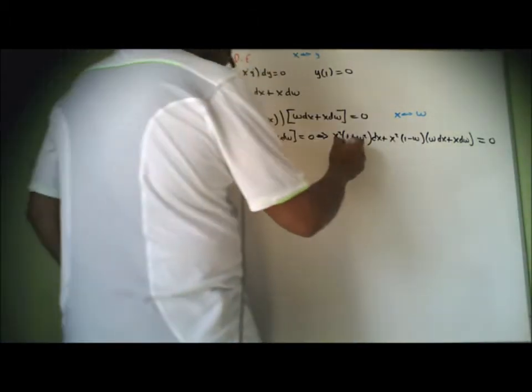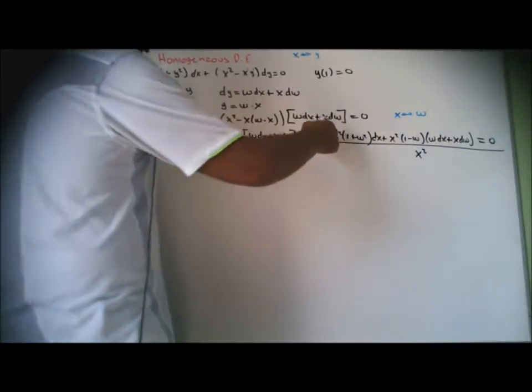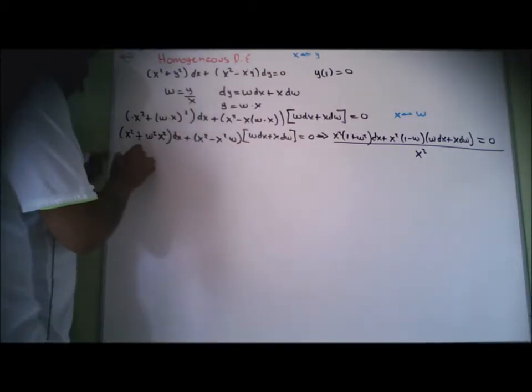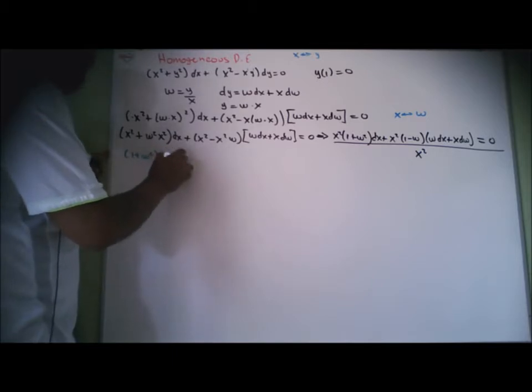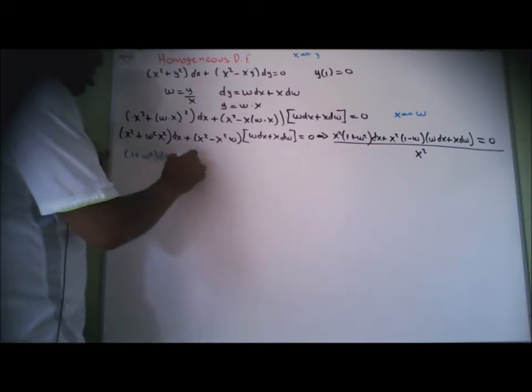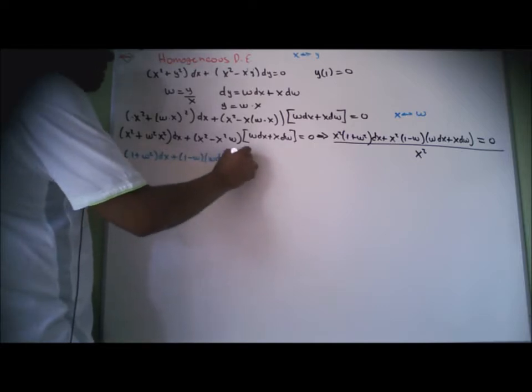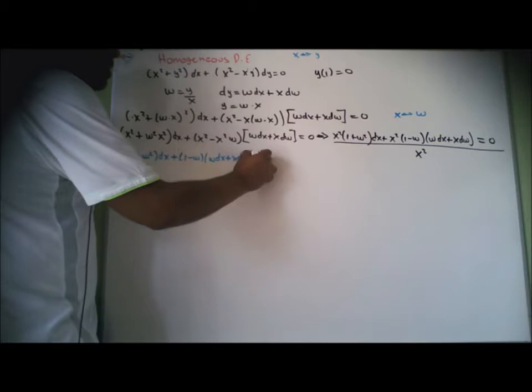I'm going to divide everything by x squared, because it cancels, and 0 divided by x squared is 0. So it's going to be 1 plus w squared, differential of x, plus 1 minus w, times w differential of x plus x differential of w, equal to 0.